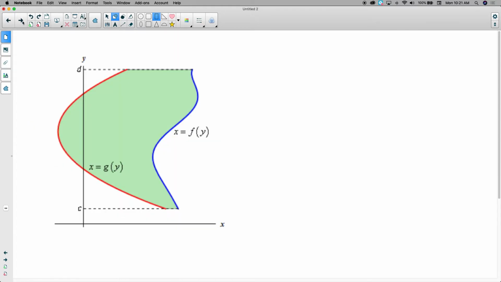Okay, so a couple of things are problematic here. First of all, they're not officially functions, although we can find formulas for the individual sections of the red curve and the blue curve, but they do fail the vertical line test.